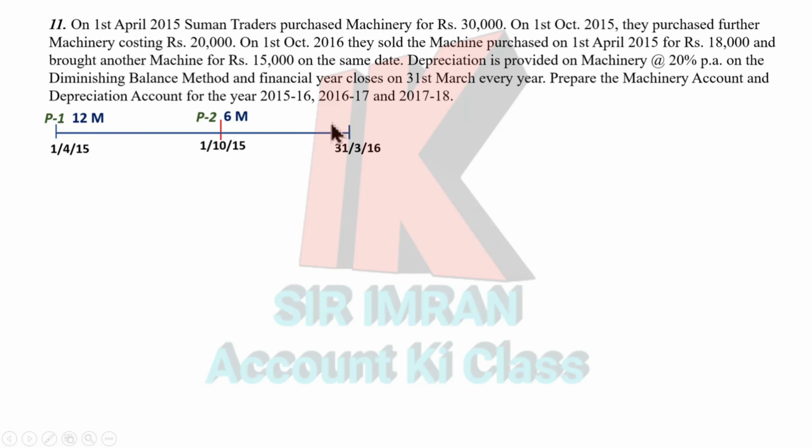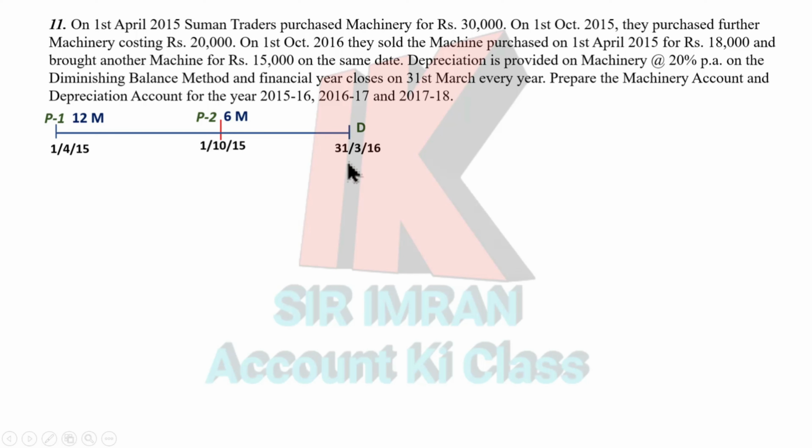By drawing this line we come to know that asset number 1 we are using for 12 months, so depreciation for 12 months. Asset number 2 we purchased in October, so we are using it only for 6 months. So at the end we will calculate depreciation for asset number 1 for 12 months and asset number 2 for 6 months. You have to remember this. By drawing this line you can know for how many months we are using the assets.